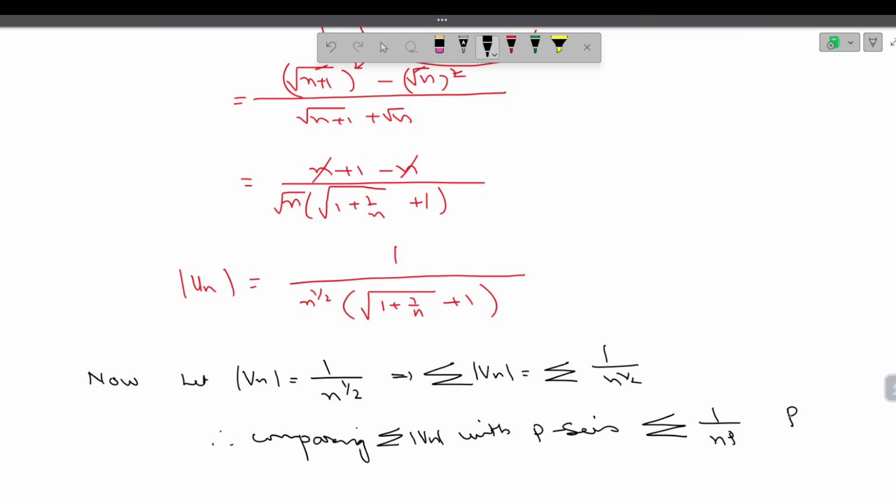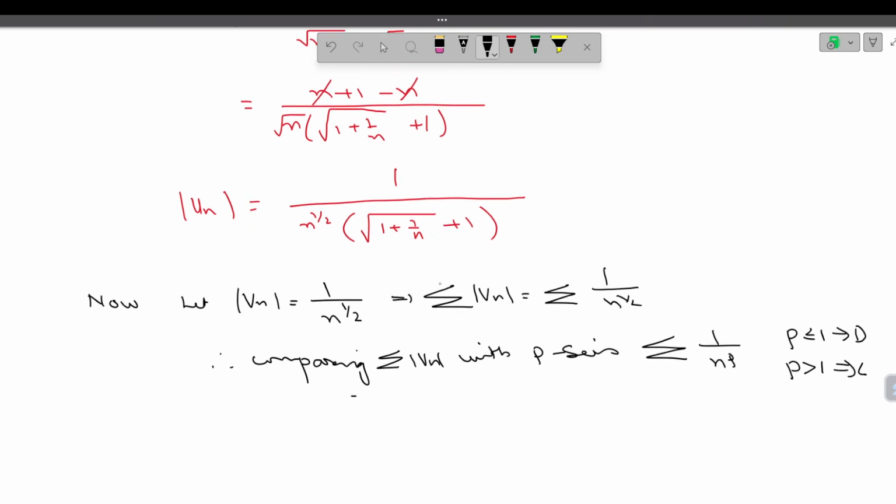It says p less than or equal to 1 is divergent, and p greater than 1 is convergent. Here p equals half, which is less than 1, so it is divergent by the p series. Keep this aside for the time being.